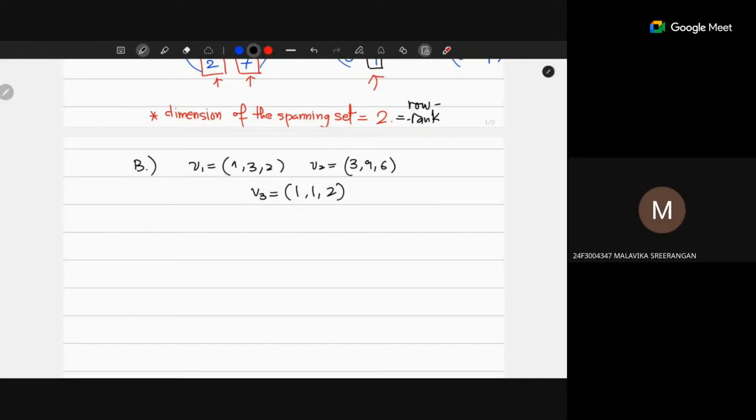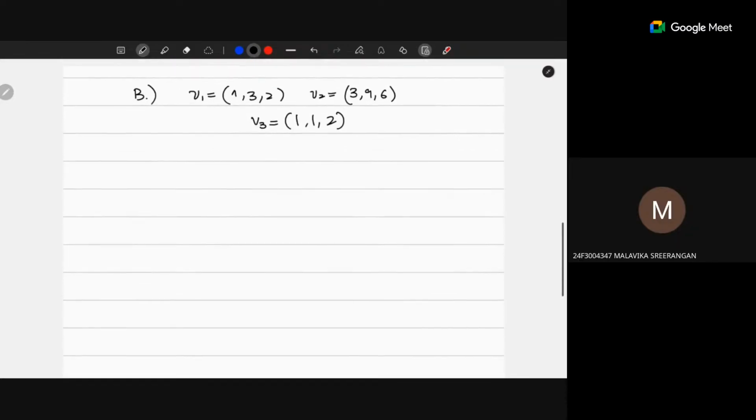Now again in this we can treat the vectors by row space. We can form a matrix by taking each vector as a row. So let's say we denote the spanning set of V1, V2, V3. This is how I denote the span of V1, V2, V3. So 1, 3, 2, 3, 9, 6, 1, 1, 2.